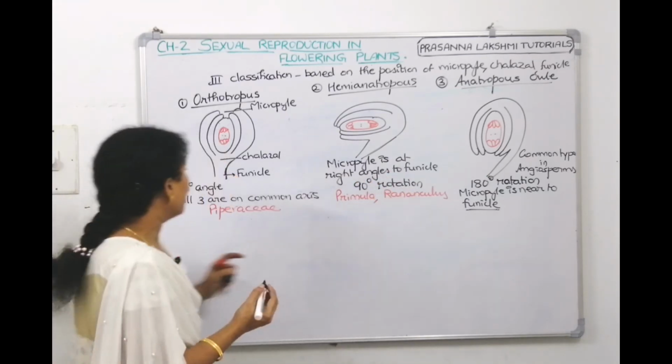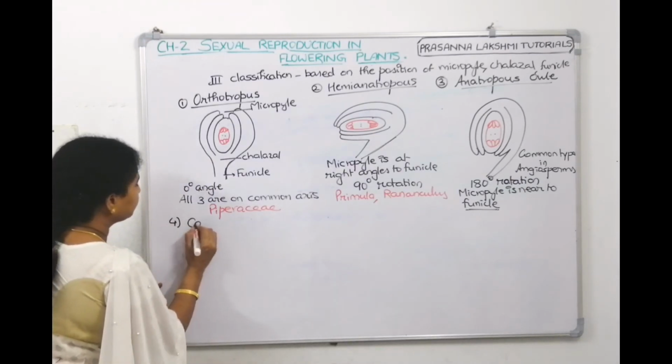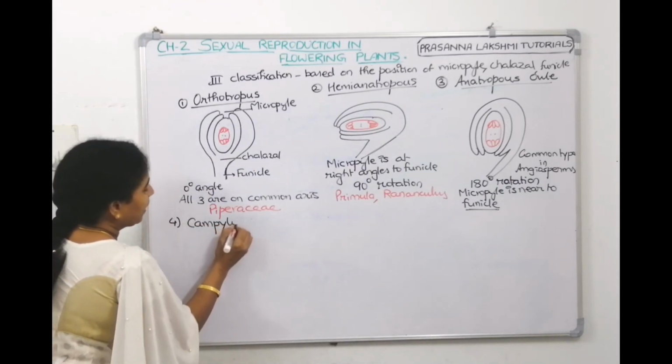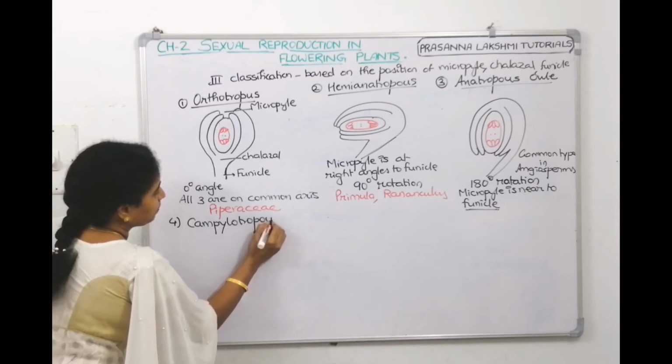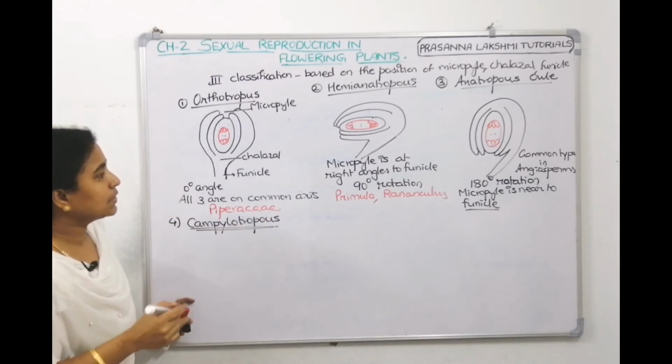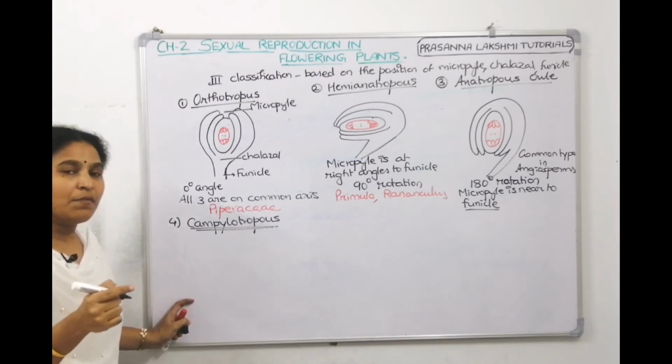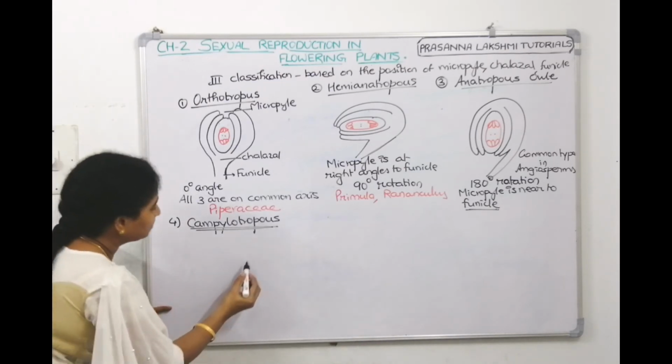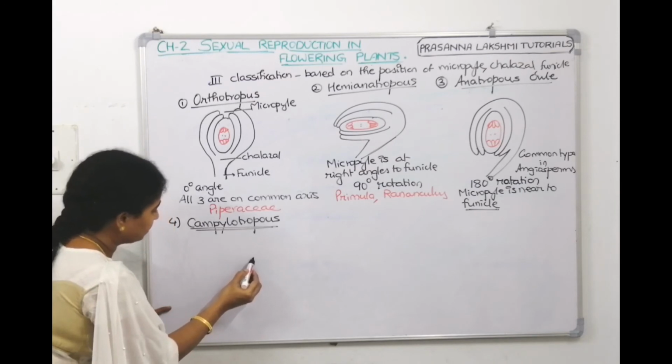Next one we will go with Campylotropus. The fourth type of ovule is Campylotropus. Now, in Campylotropus, it is Hemianatropus only. We will rotate it a little bit, so a curvature will be there.